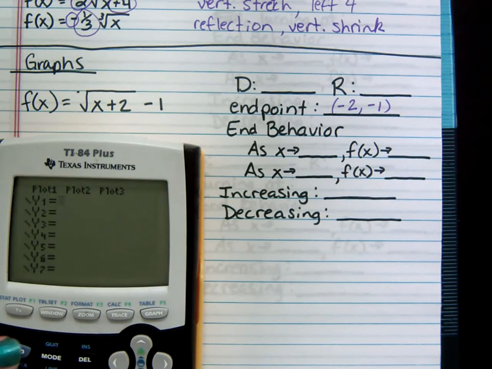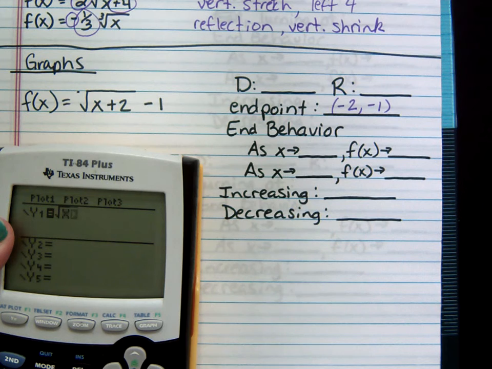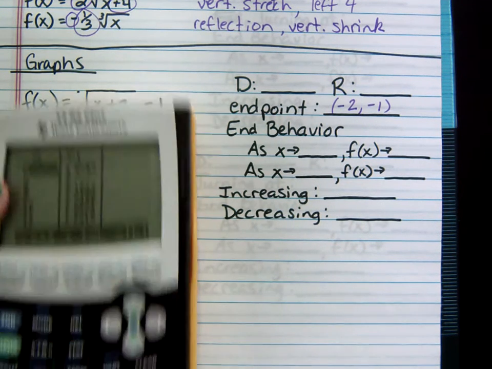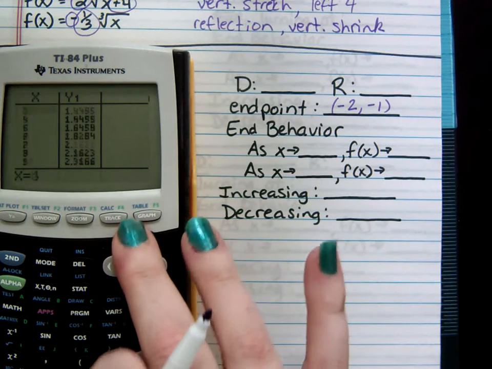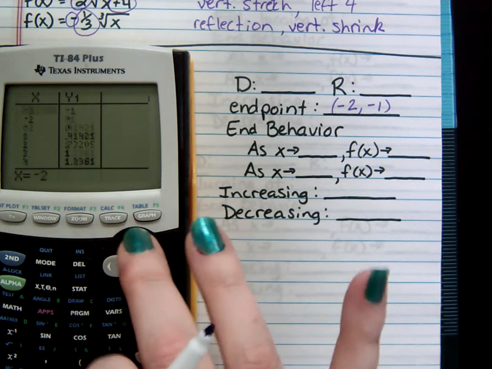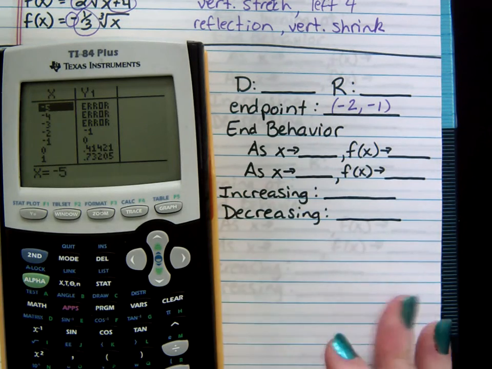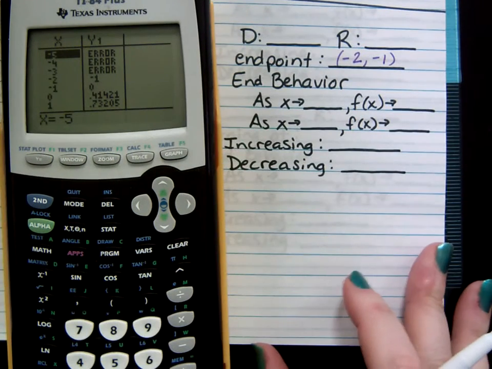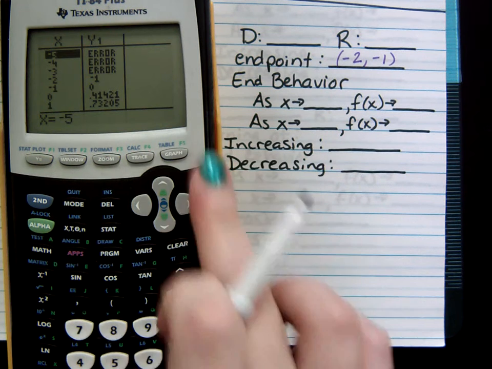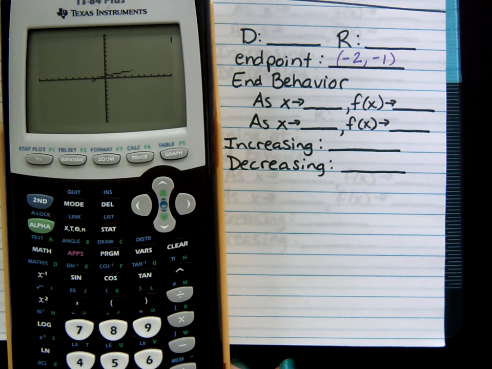When you go to graph it, square root of x plus 2 minus 1, you can always tell, because eventually you're going to get to a point on a square root function that it basically gives you an error for all your y's. That's because our graph doesn't go past that endpoint right there.